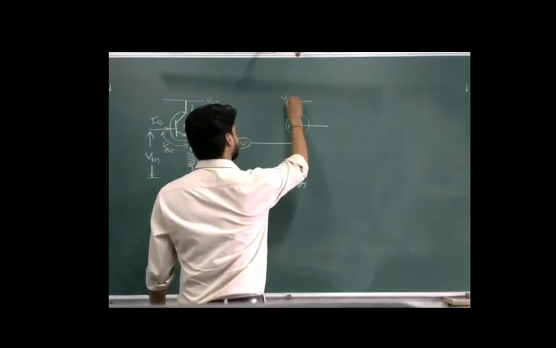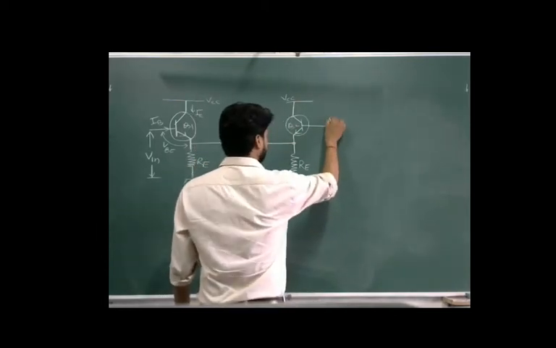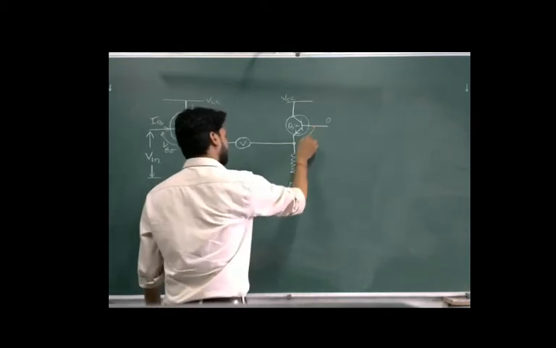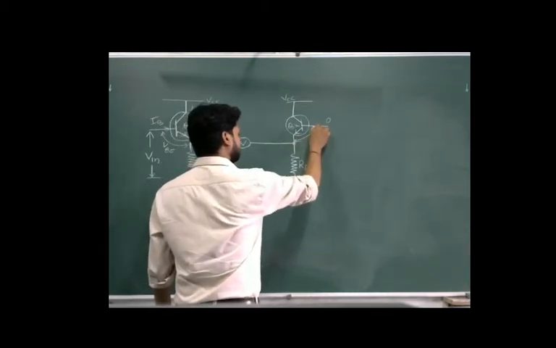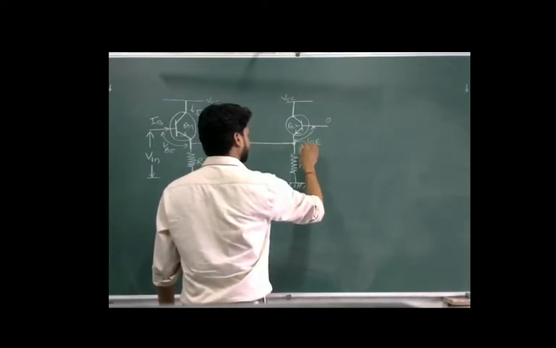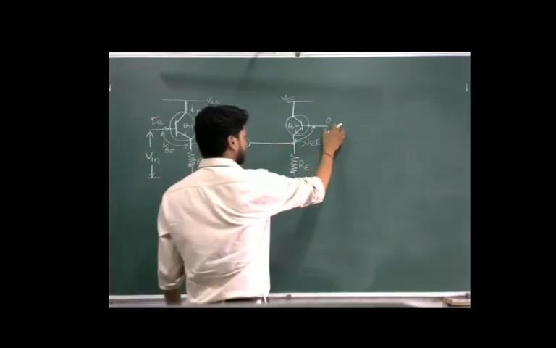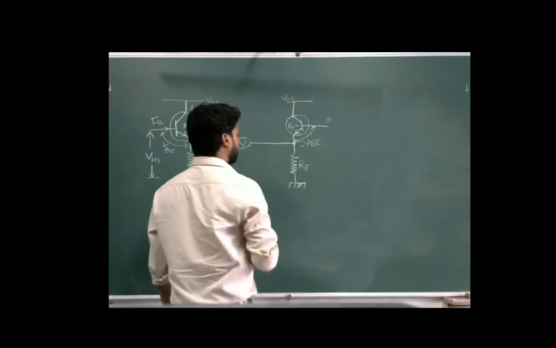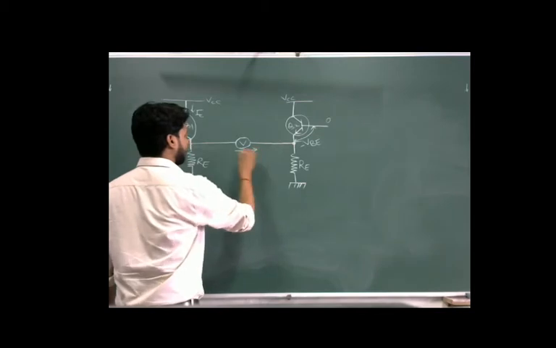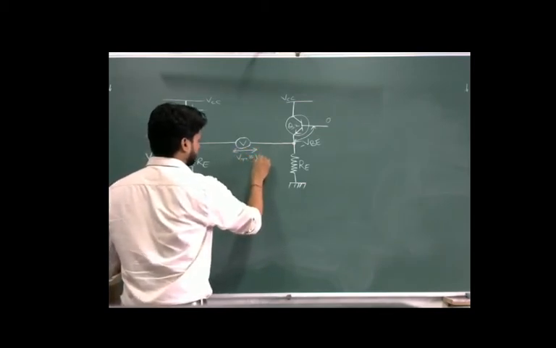This is VCC applied, and if we leave this terminal at 0 volt, the voltage drop here will be minus VBE. If we apply 0 volt here, the voltage drop here will be minus VBE, and the voltage received here will be the same as the applied voltage Vin.